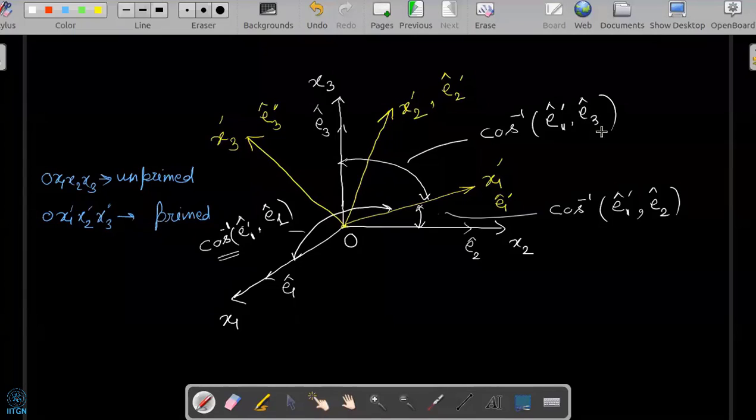So here we have considered x1 dash in the O, x1, x2, x3 space, and measured the angle it makes with each axis.